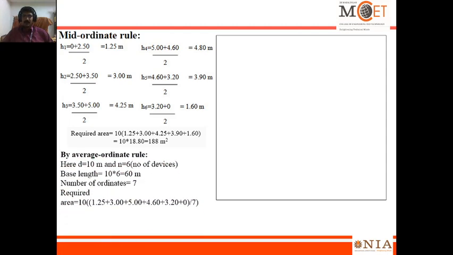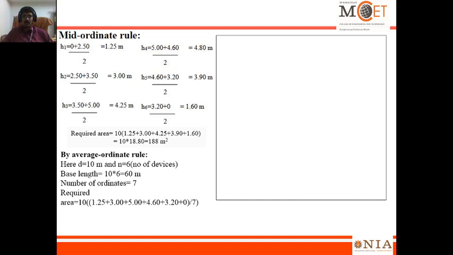Next is the average ordinate rule. Here the common interval is again the same. The number of divisions is 6, so base length is 10 into 6, which is equal to 60 meter. Number of ordinates are 7, so the required area is equal to the base length into all the ordinates added and divided by n plus 1.